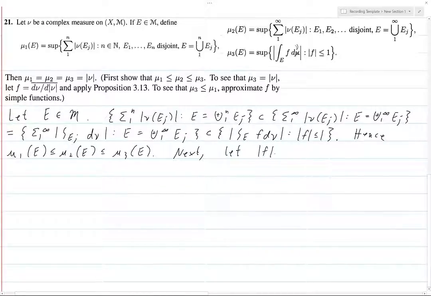let f be a function whose absolute value is less than or equal to 1.